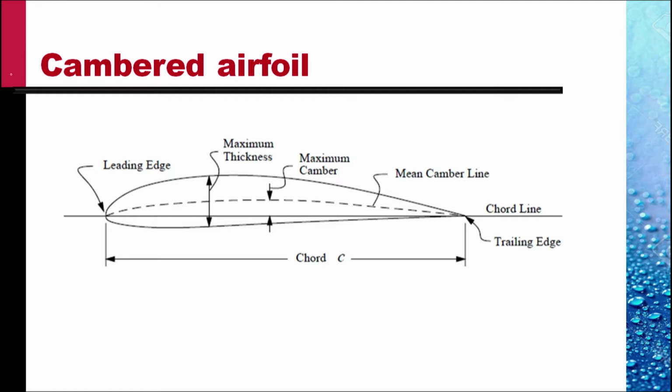This is exactly midway between the top surface and the bottom surface. It is the curvature of the mean camber line that results in lift even at no angle of attack.